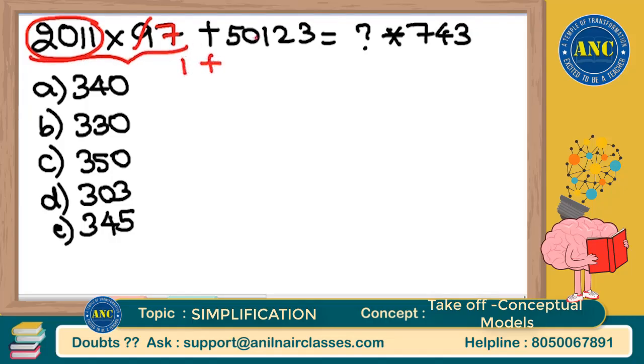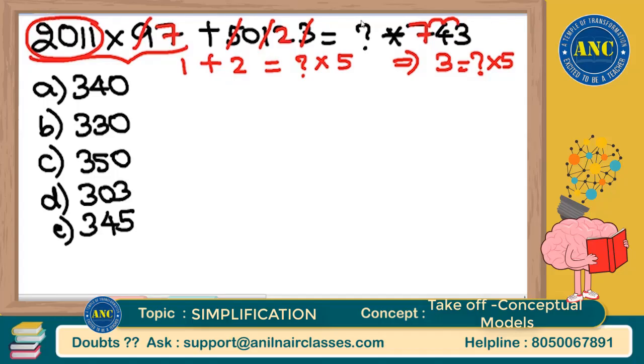Plus this 50123: 5 plus 1 is 6, 6 plus 3 is 9. 9 can be deleted. You are left with 2. Right hand side, it is question mark into 743: 7 plus 4 is 11, 11 plus 3 is 14, 14 is 5. Now what you have here is 3 is equal to question mark into 5, right?